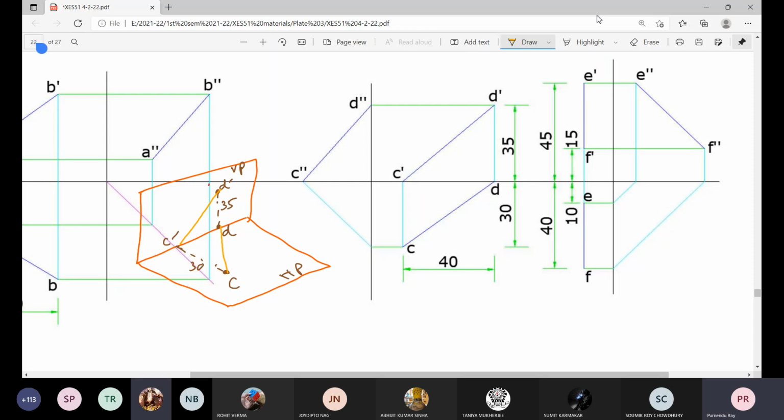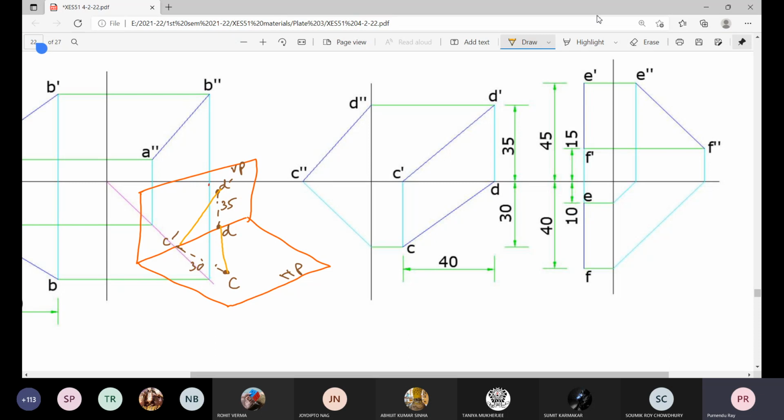Similarly, all infinite points on the straight line AB or CD have infinite number of plane points and elevation points between the terminal points. So it's our job to locate the terminal points in plane, small c and small d, and join them. It will automatically give all the infinite points of the straight line.